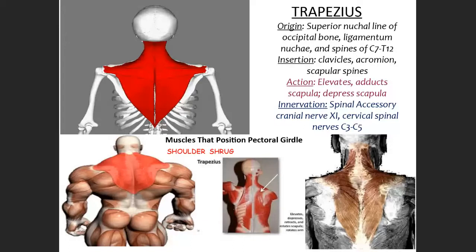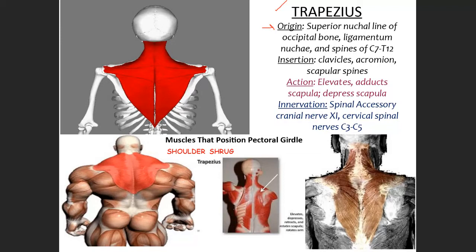So we've already discussed these muscles in the past, but in this section, we have to look at everything regarding the muscle. So let's start with the first muscle we've talked about in the past, which is called the trapezius. You can see it here in red. And it's going to originate along the occipital bone.